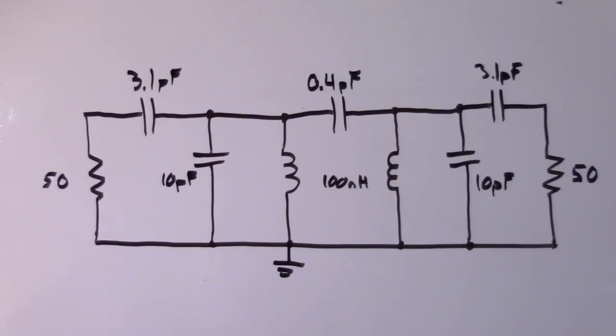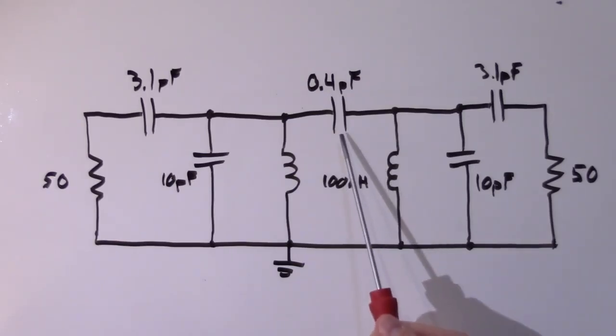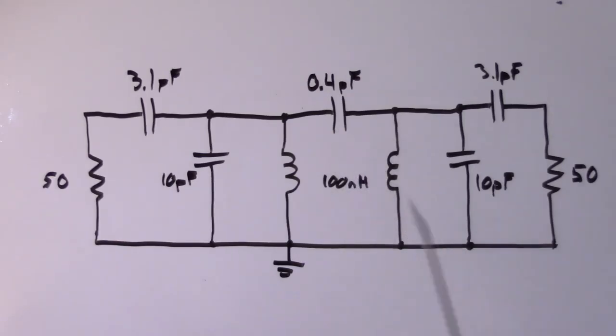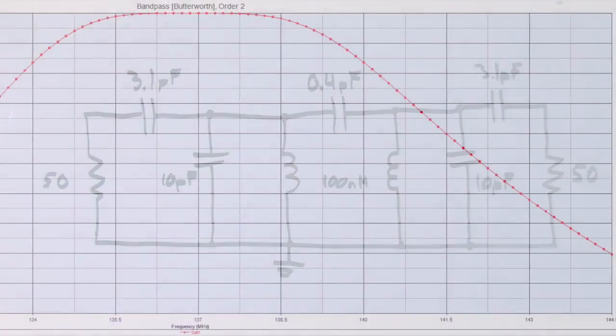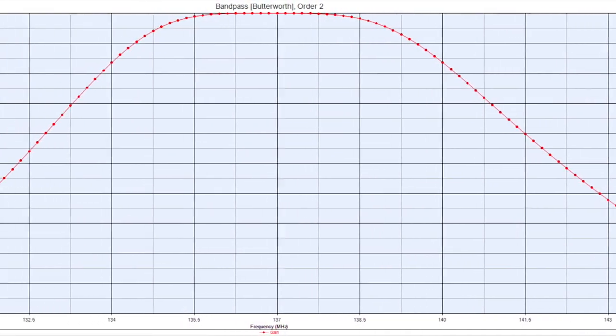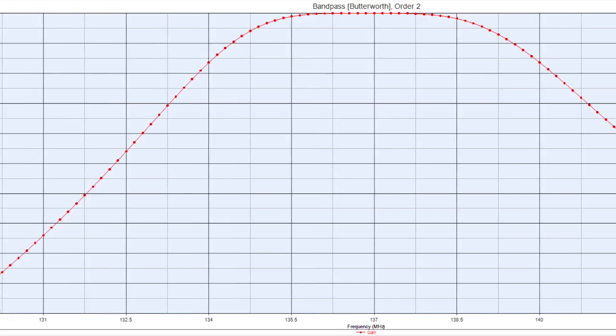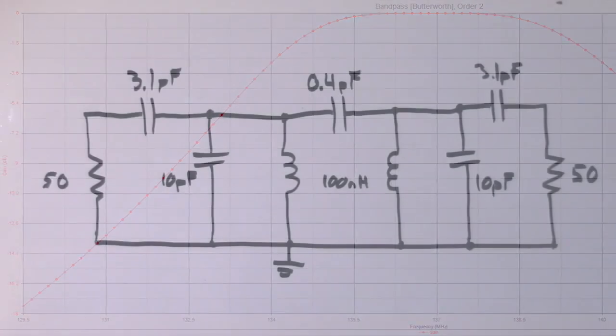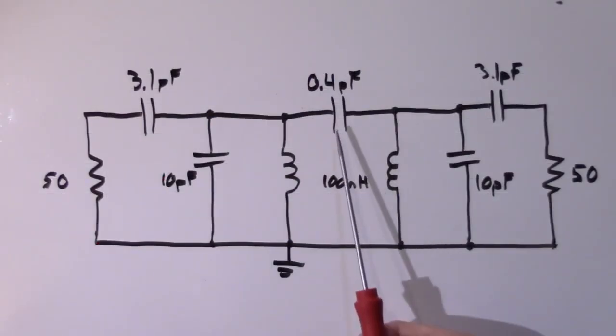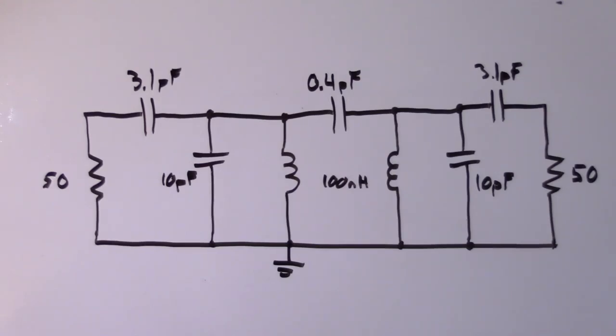Now, while these two tuned circuits are going to determine the center frequency of your bandpass filter, this coupling capacitor is actually going to control the shape of your bandpass filter. Now, an ideal bandpass filter is nice and flat through the passband, and then it sharply cuts off in the stopband. But that's only going to happen if this coupling capacitor is just right.